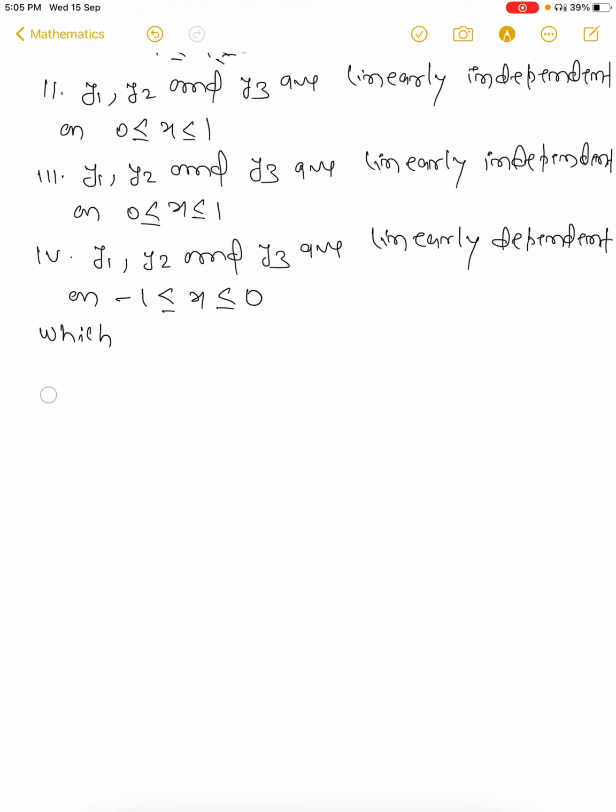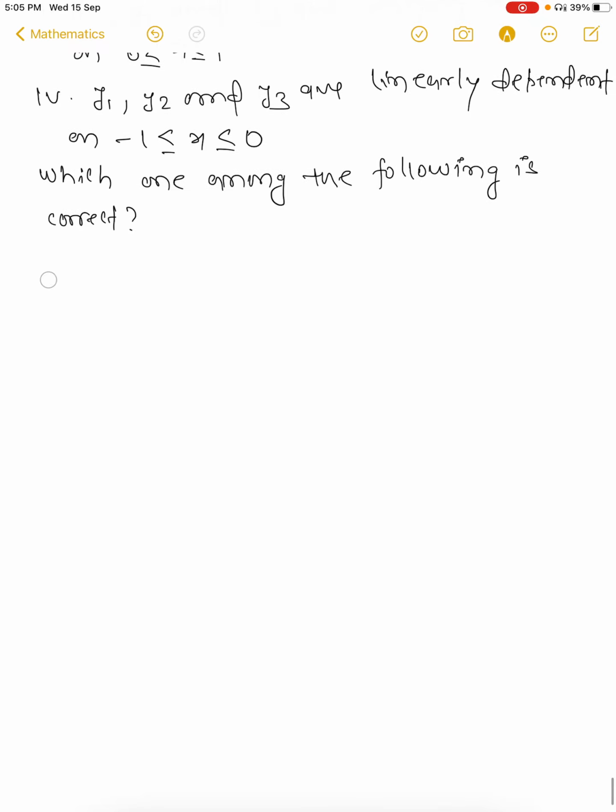Answer which one among the following is correct? A, both first and third are true.